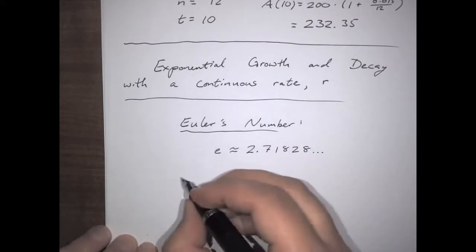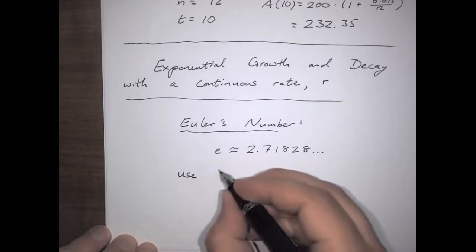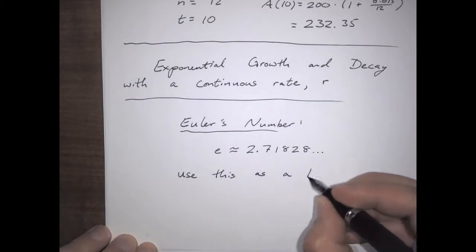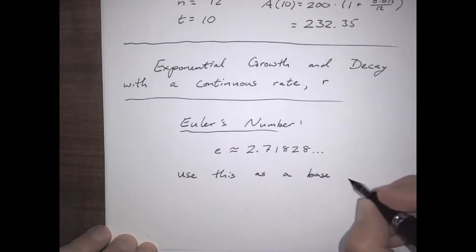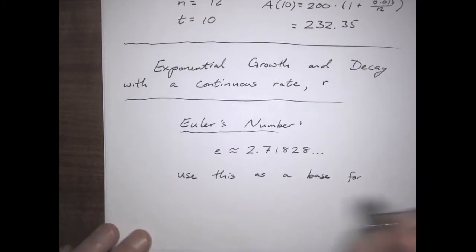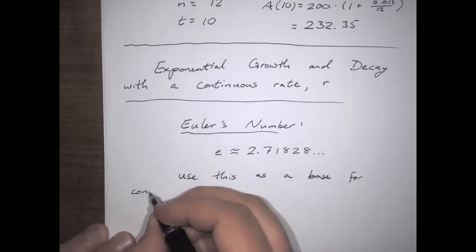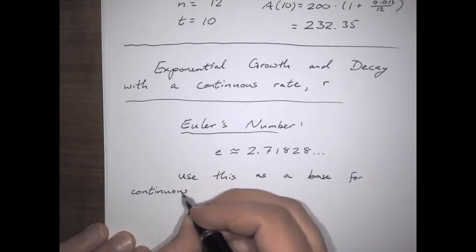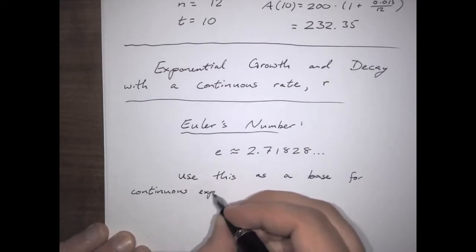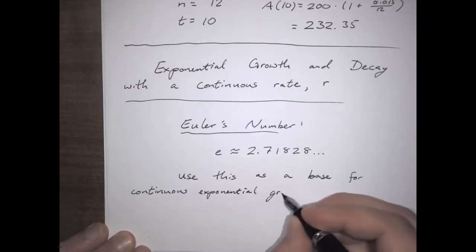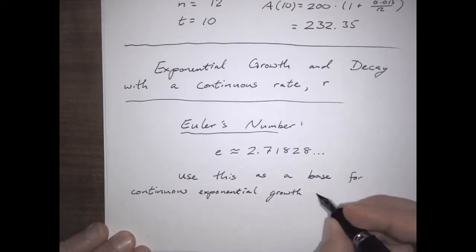So Euler's number is this, and we use this as a base for continuous exponential growth models.